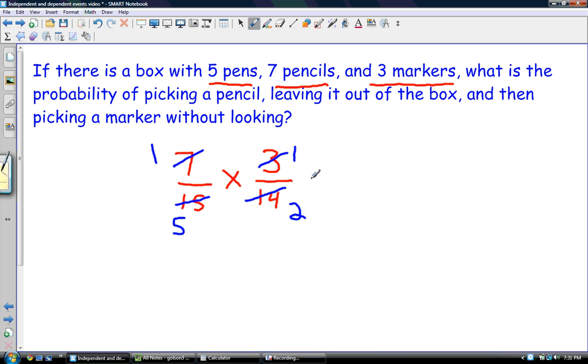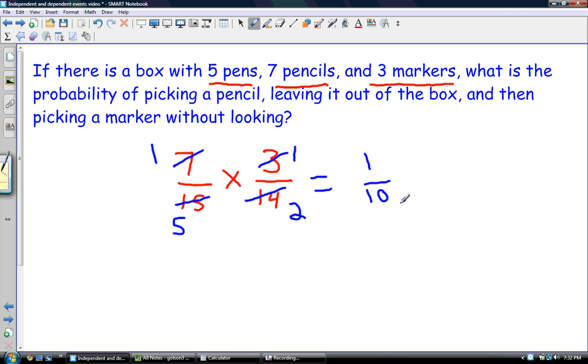Then I'll multiply: 1 by 1 is 1, 5 by 2 is 10. So the probability that I'm going to pick a pencil the first time and then a marker the second time is 1/10. And so that's how you use dependent and independent events.